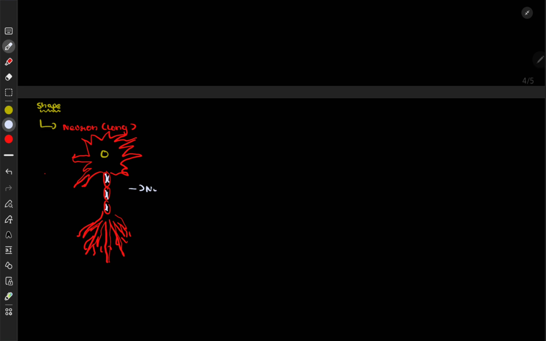So this is our neuron. It's the longest cell in the human body. Their fibers are from 90 to 100 centimeters.